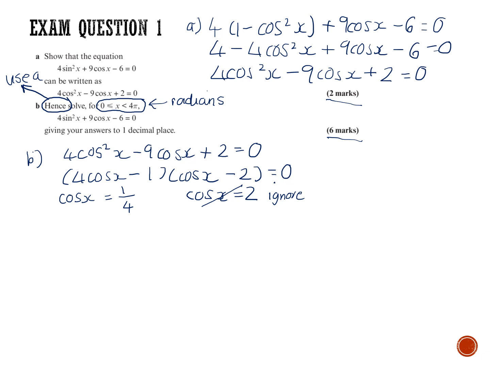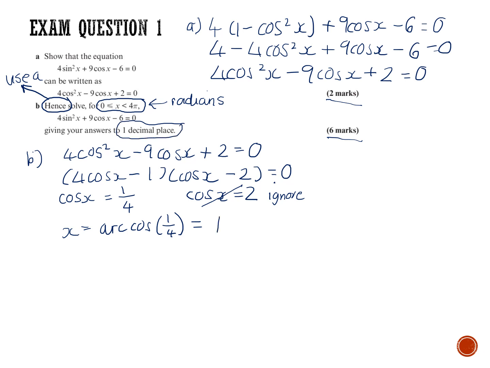So you know what we do is we use our arc cos, or our cos to the -1 button on our calculator. We use that to get our initial value. Okay, so pop that in your calculator. Now, I know the question says to 1 decimal place, but we're going to need to find some other answers as well.